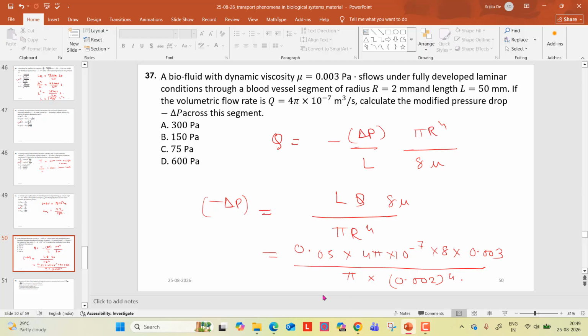It is 0.05 into 4 into 10 to the power minus 7 into 8 into 0.003, divided by, pi is not there, so 0.002 to the power 4. Okay, I don't know why it is coming as 30. Maybe there is some calculation mistake.